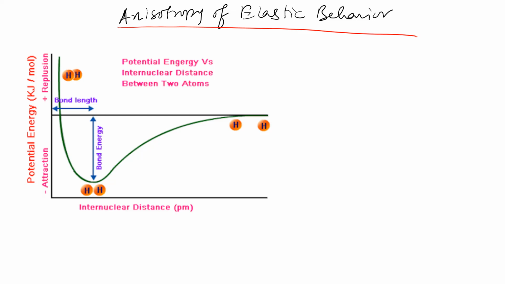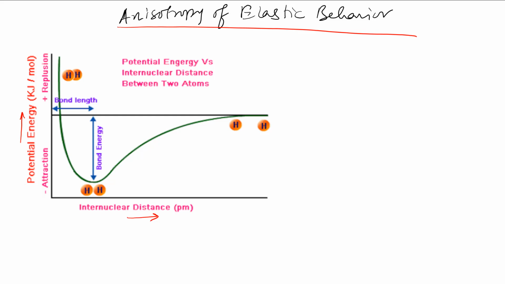So this is a diagram to make you understand first Hooke's law, then we will understand how it varies from different directions. This is the bond energy curve, and the x-axis is the distance between the two atoms, and the y-axis is the potential energy.